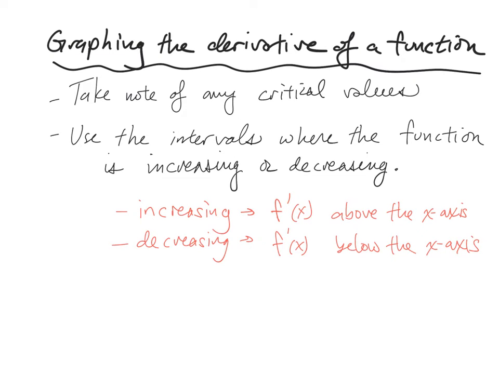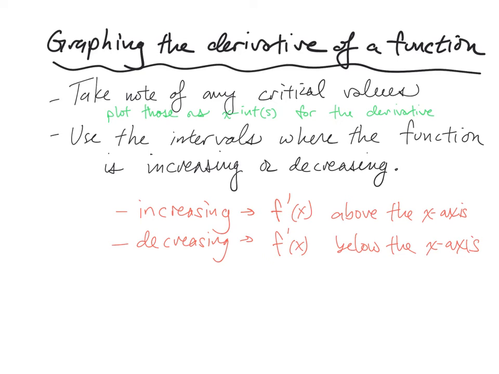So the first thing that I think really makes sense is that you want to take note of any critical values, and then you plot those as x-intercepts for the derivative.